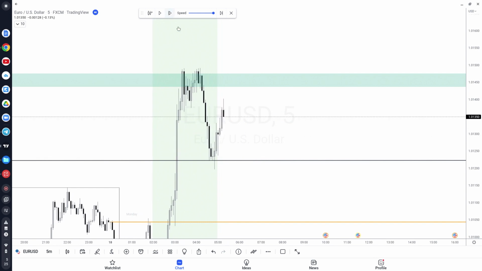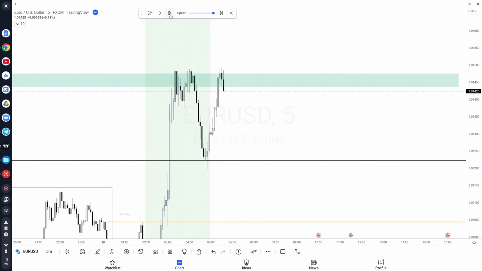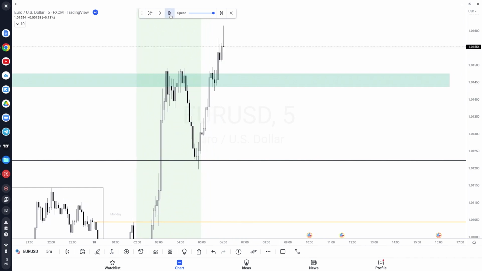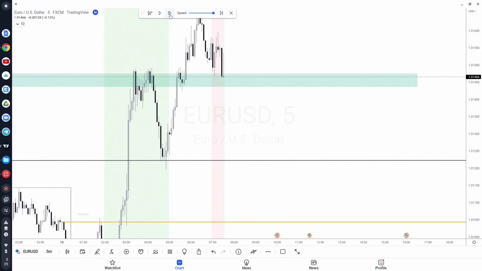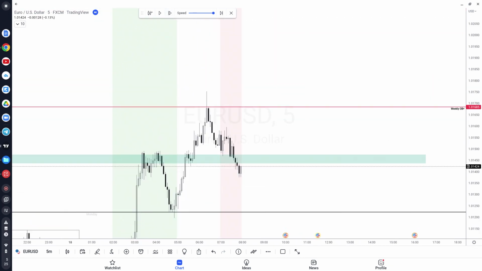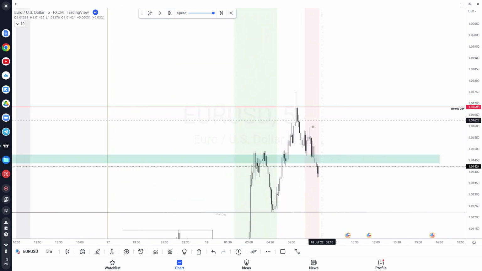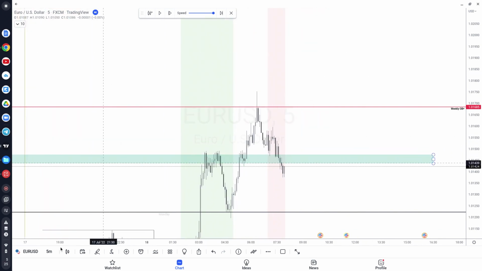All right, so that low is created there. Market pushes up. Haven't even gotten to New York session yet. Right, here's the big opening, or the high of that weekly order block. You see price rejecting from it.